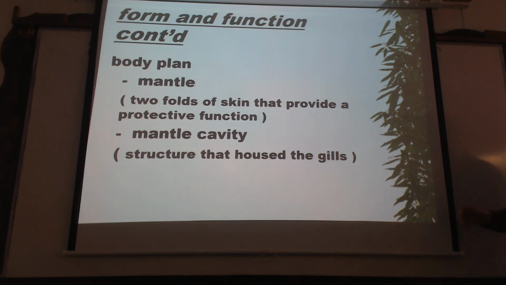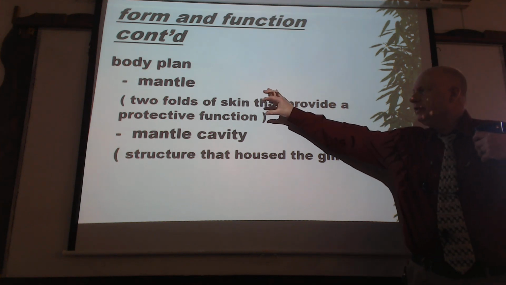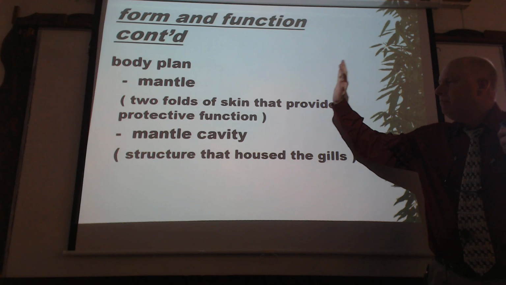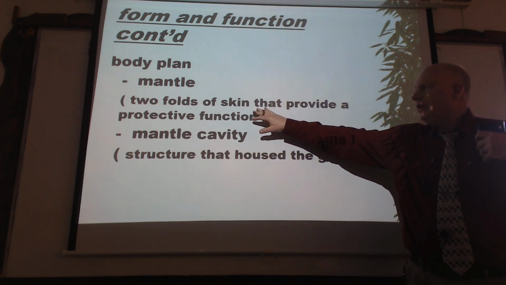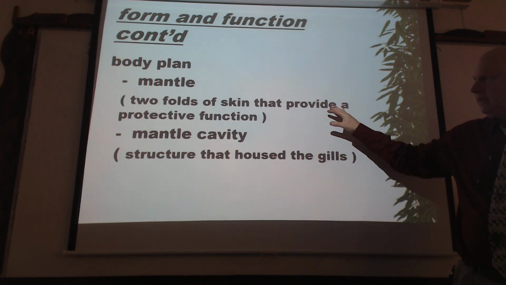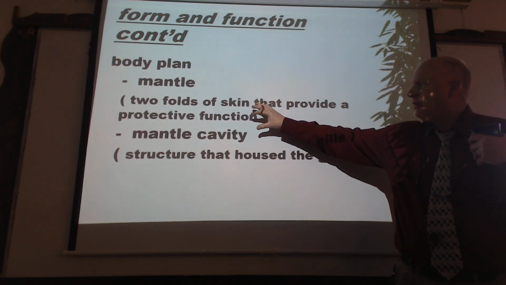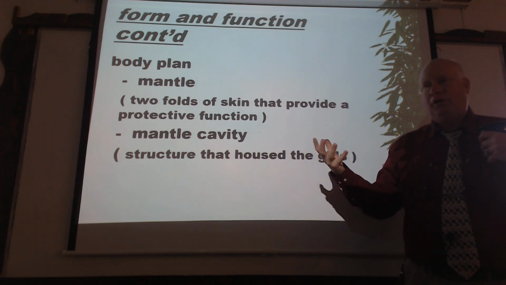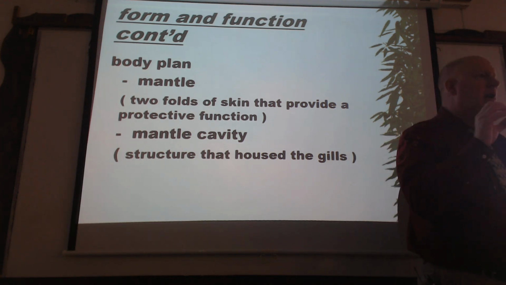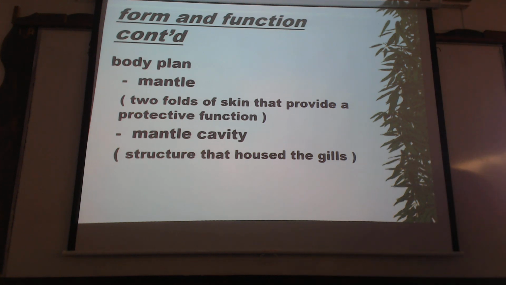So when you're thinking, wait a minute, I thought we just said a visceral mass is what holds everything together. That's true. But this is just saying visceral means skin-like structure. So that's why this says two folds of skin that provide a protective function, holding a stomach in place, holding an intestine in place. And that's something that you will see when you cut these clams open.